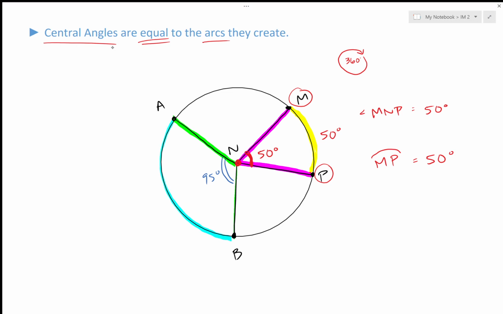So if I know that angle ANB is 95 degrees, the arc that it opens up and creates, arc AB, will also be 95 degrees. So whatever the inside is, that's what the outside is going to be. Nothing too crazy today. The central angle, the inside, is equal to the arc on the outside. So we can use that information to solve for missing pieces.